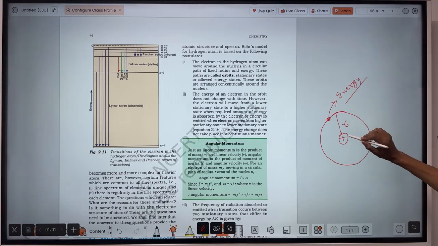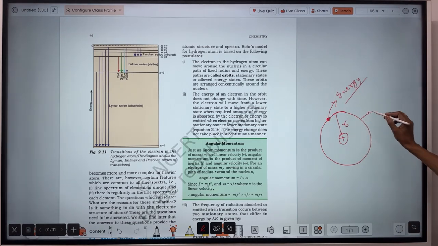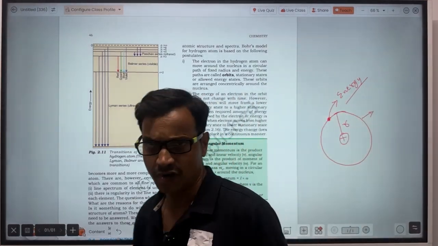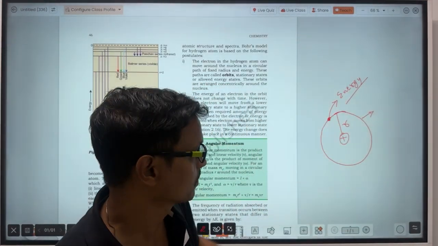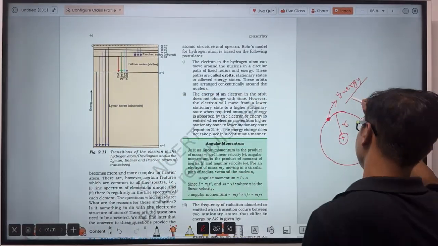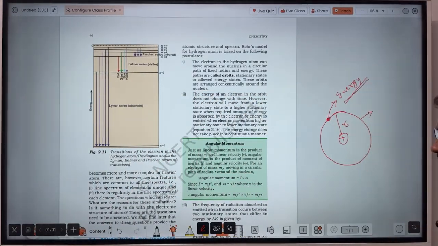For the first state, it will be called the ground state, or Bohr's orbit. This is also called the first energy state. The first orbit of the electron is called Bohr's orbit, and it has fixed energy, that is, minus 2.18 into 10 to the power minus 18.